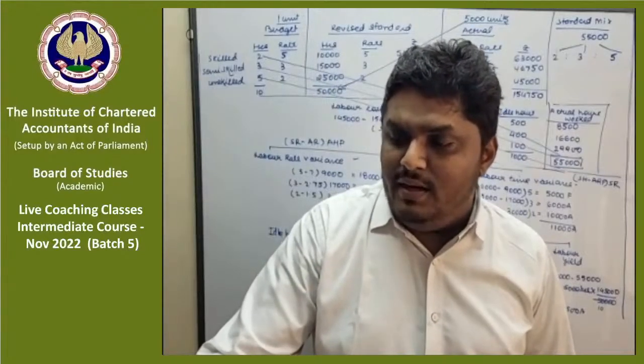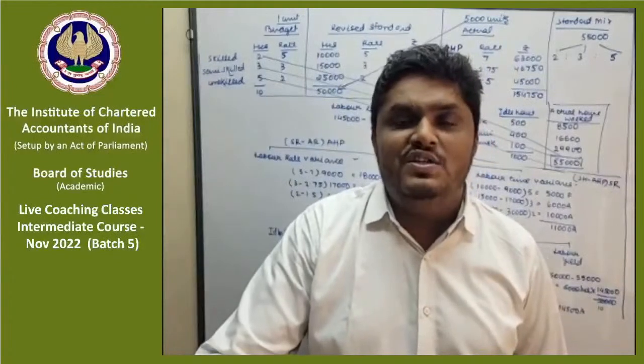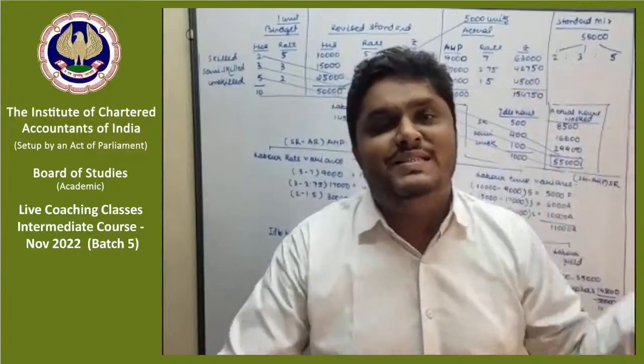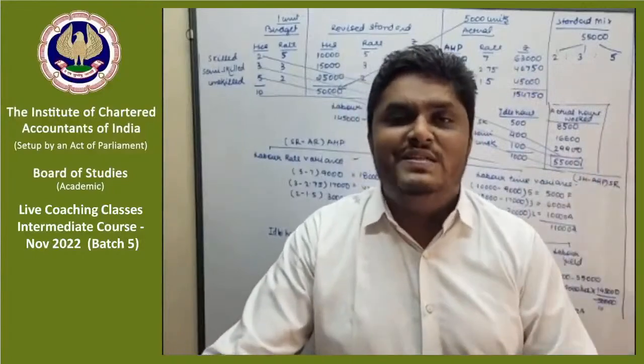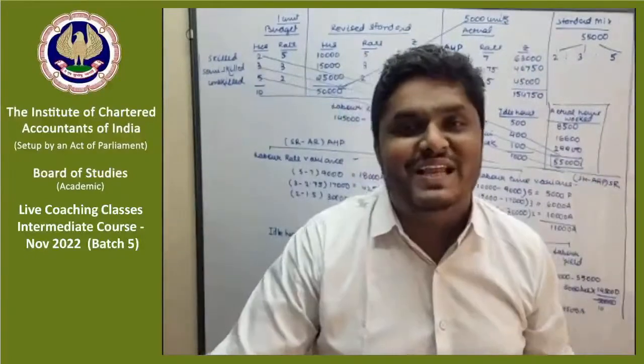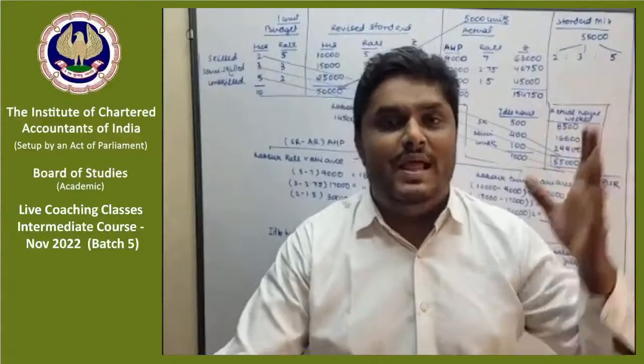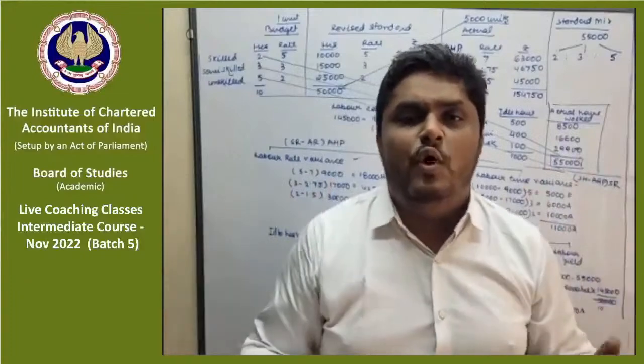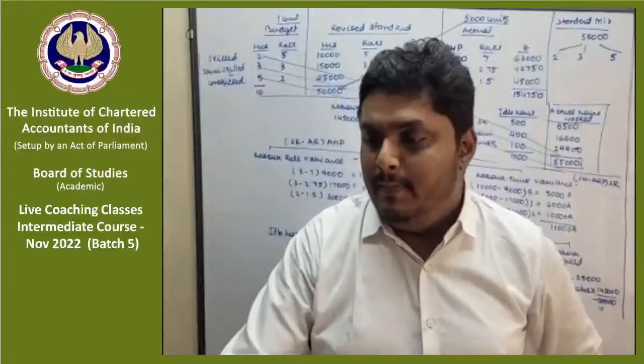Sir, any exam related question? So Prakash, the same question was asked in CA Inter as well as CA Final. I have discussed a question wherein all the points are covered. It was asked 3 to 4 times in Inter and Final.